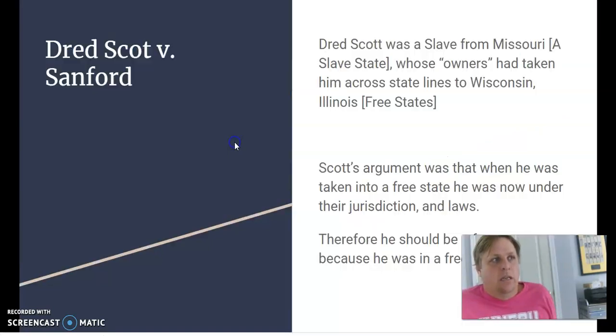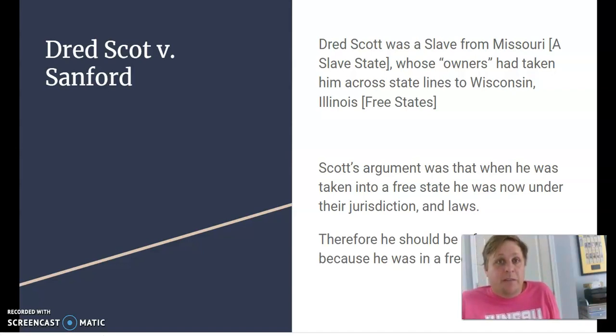None. It starts here with this case called Dred Scott versus Sanford. Dred Scott, being a slave from Missouri, which was a slave state, was picked up and moved by his owners into free states. I believe he helped out through the house, so as they moved to a different state and lived to make money, they took Dred Scott with them.